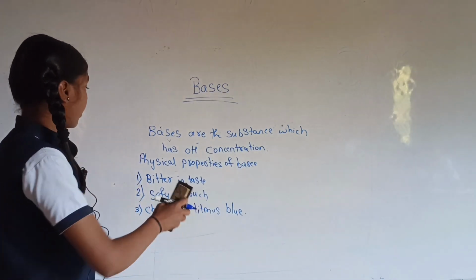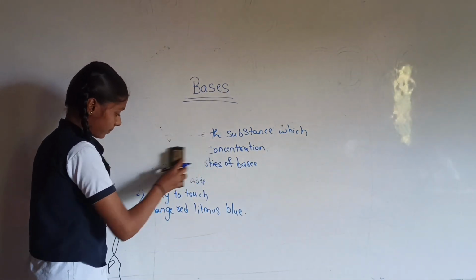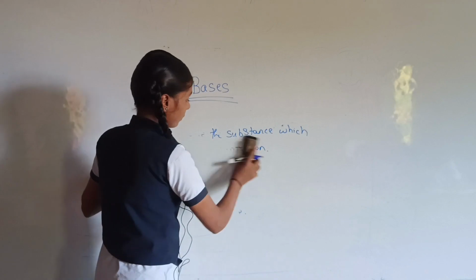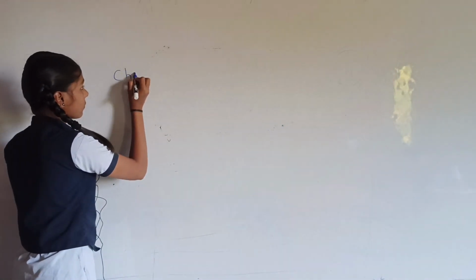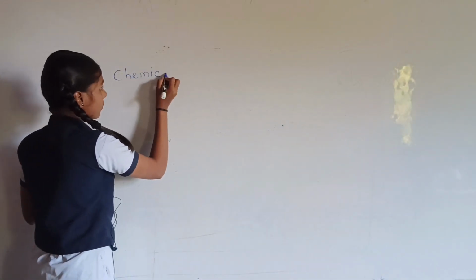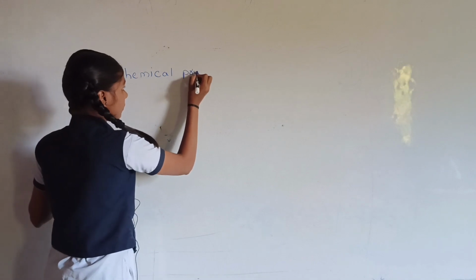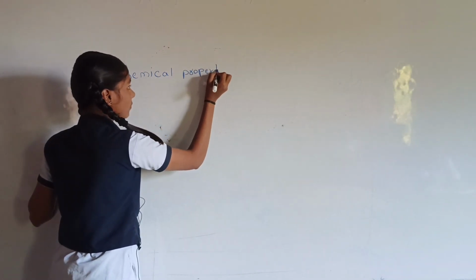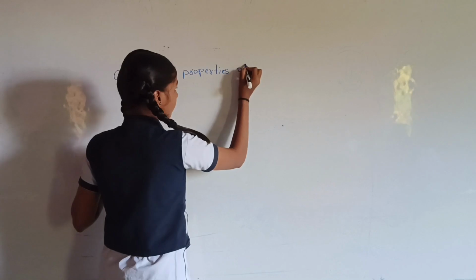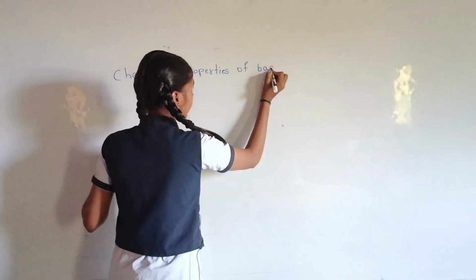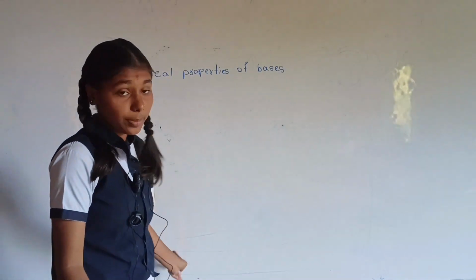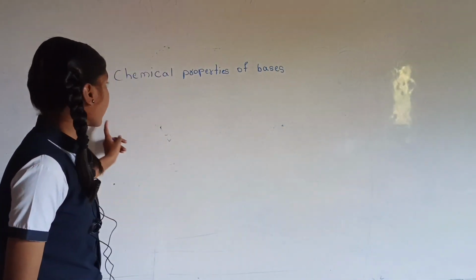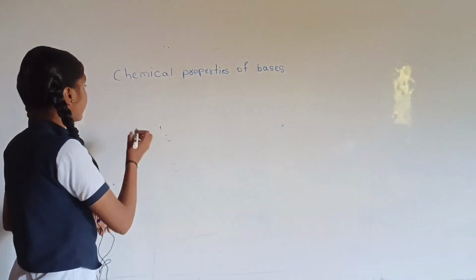Now we will study the chemical properties of bases. In physical properties of bases there are three types, but in chemical properties of bases there are two types.